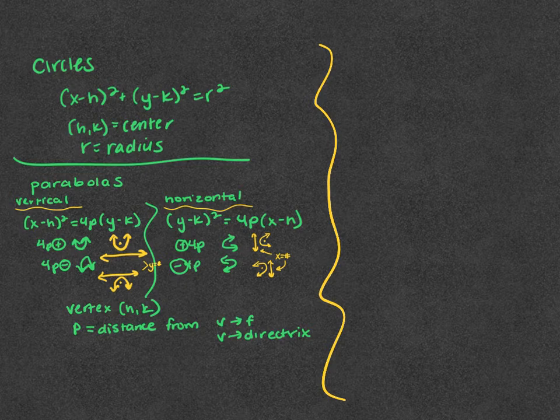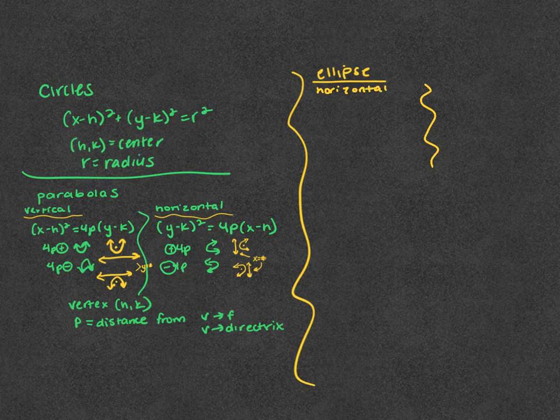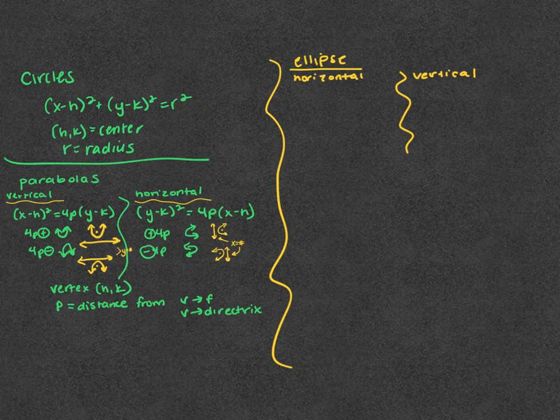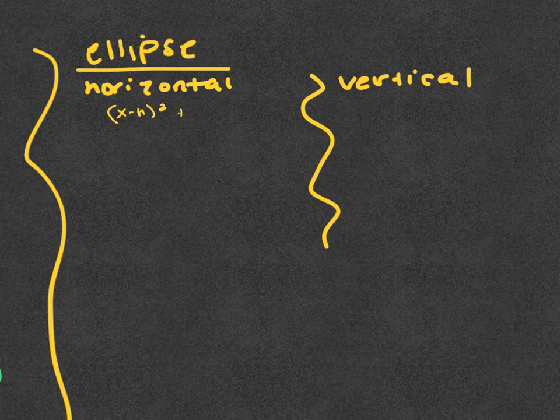Then came ellipses, which also have two types. Horizontal is x minus h squared plus y minus k squared, and the x goes over the a.